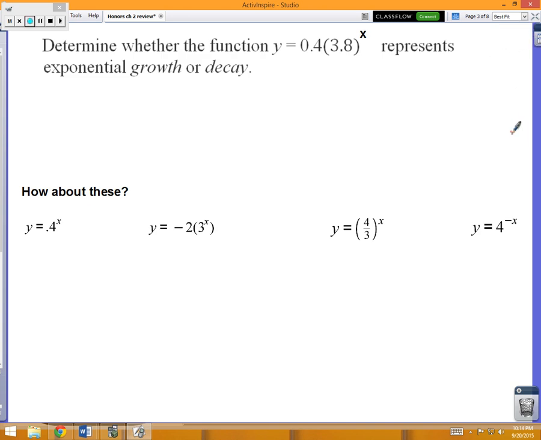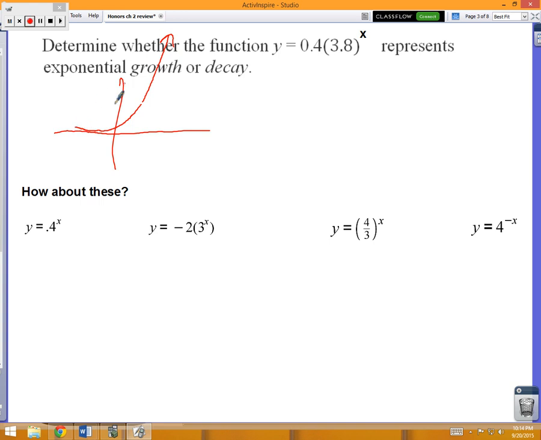Alright, got a bunch of functions. Can you determine if they represent growth or decay? Okay, growth. Exponential growth starts off really small, but then it gets big, big, big. As you go to the right on the x-axis, you go up on the y-axis. It's growing.